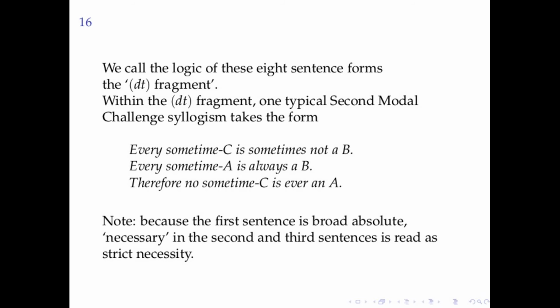Look what happens here if we take Avicenna's favorite valid syllogism, the one that Aristotle didn't accept, and translate it across into the DT fragment. We get every sometime C is sometimes not a B. Every sometime A is always a B. Therefore, no sometime C is ever an A. You can check that.